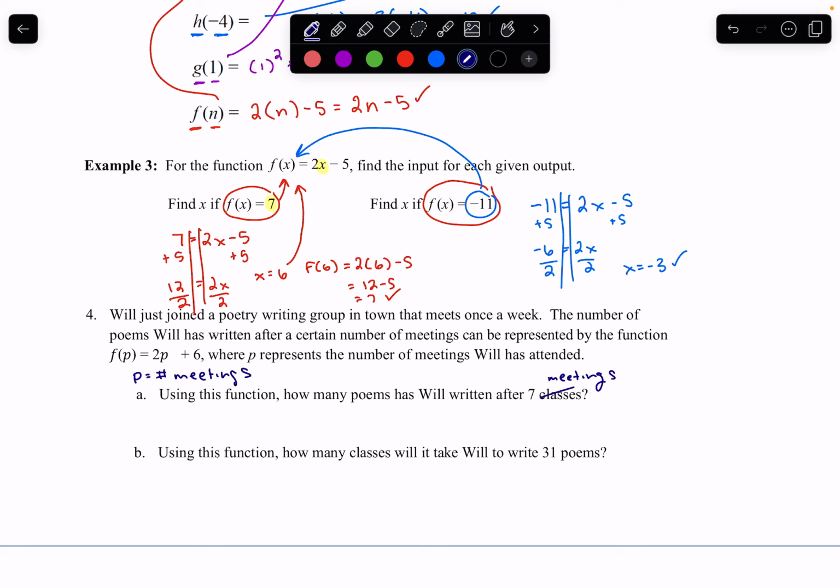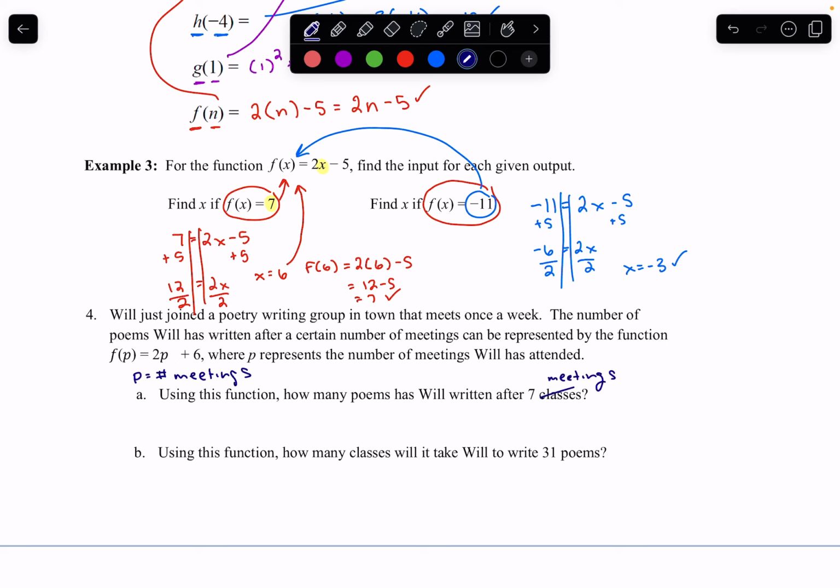So what this is telling me is either P is equal to 7, or f of P is equal to 7. If I read it again, it tells me that Will has written after 7 classes. So the value 7 goes with the number of classes or the number of meetings, which is P. So the 7 isn't my f of P. The 7 is my P value.